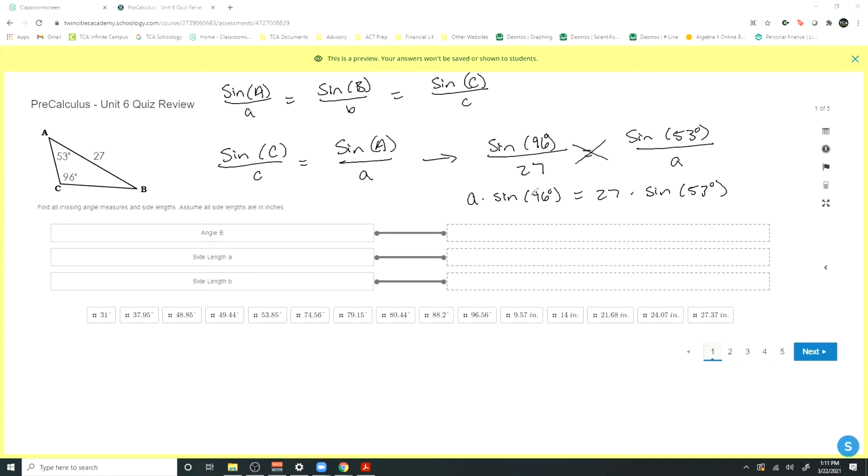Instead of finding out what the sine of 96 or the sine of 53 is first, I'm just going to get a alone. So I'm going to divide both sides by the sine of 96 degrees, which gives me a is equal to 27 times the sine of 53 over the sine of 96. I'm going to take a calculator.